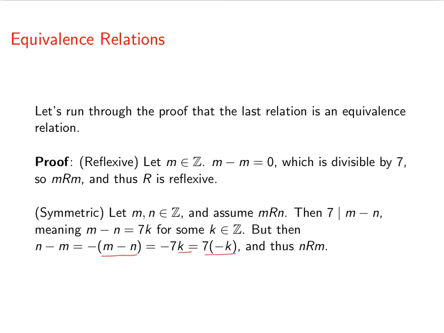And if we put the minus sign on the inside, we know that minus k is still an integer, and so that tells us that 7 divides N minus M, and thus N is related to M. That means we can conclude that R is symmetric.